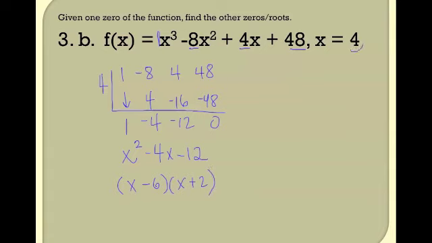So I already know this 0, which is 4, and from these two I get that x would be 6 and x would be -2. So my zeros are 4, 6, and -2.